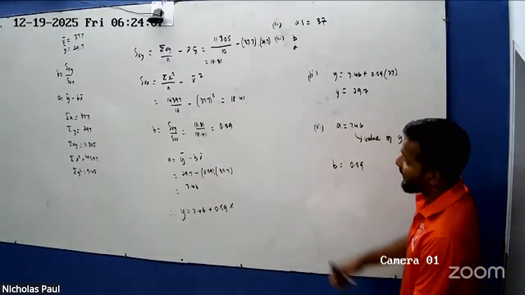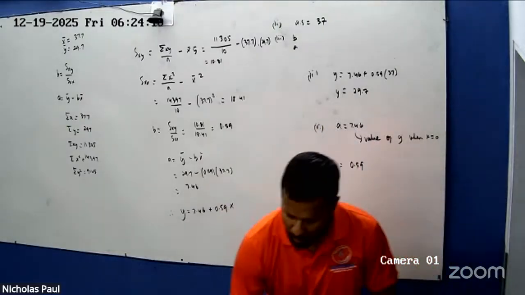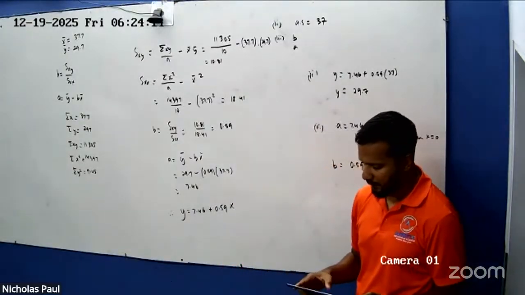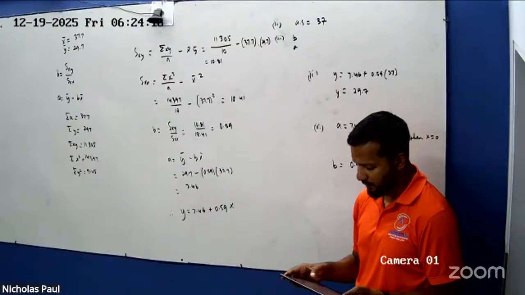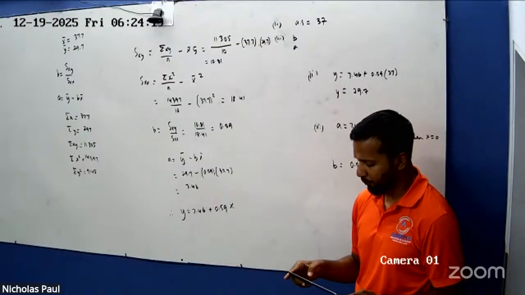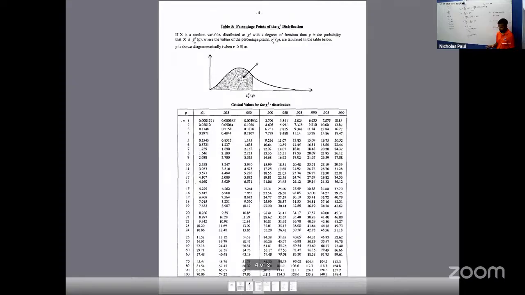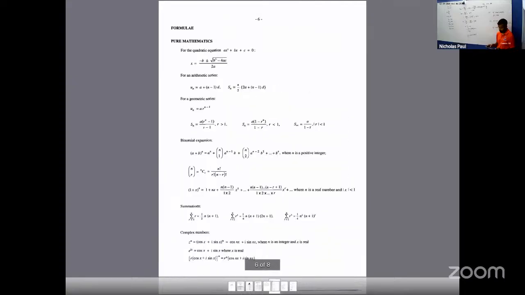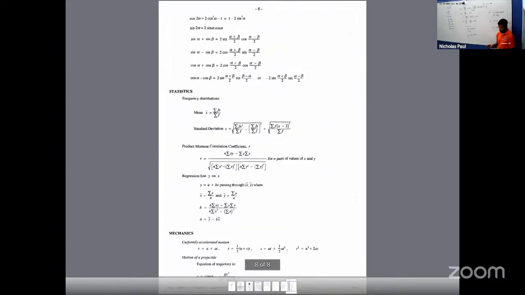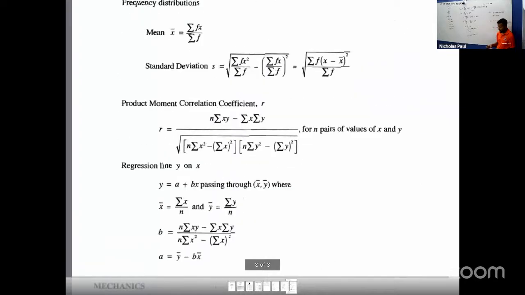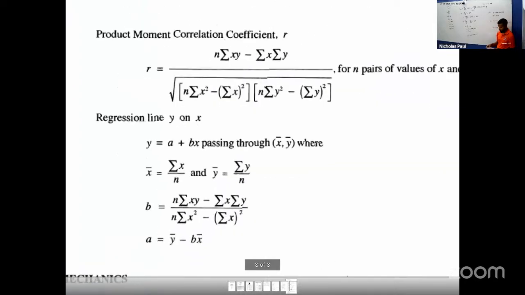So as I said, you can learn these formulas, or you could go to your formula sheet where you don't have to learn anything, and you can use this set of formulas here. If you look here, these are your formulas for correlation and regression.